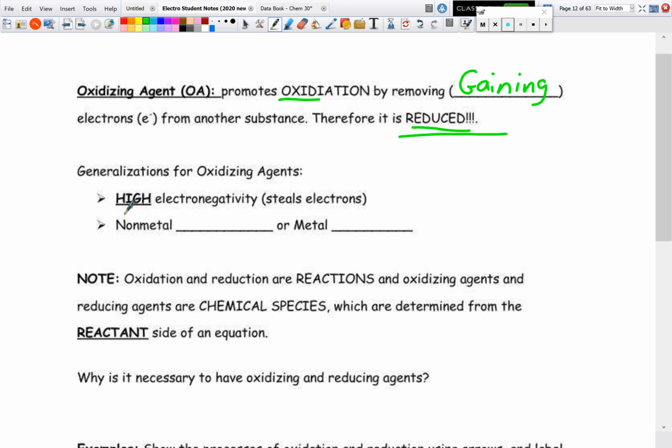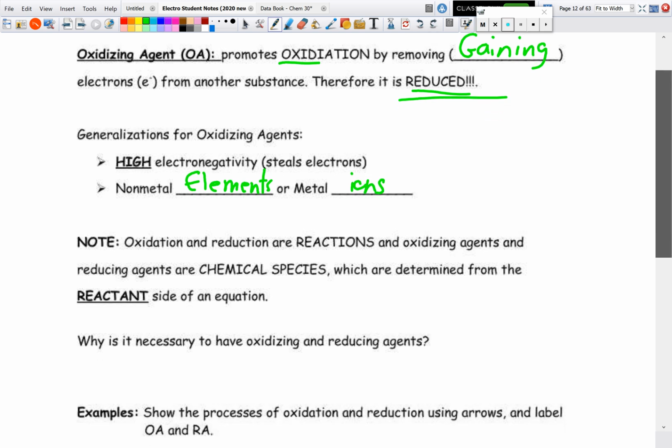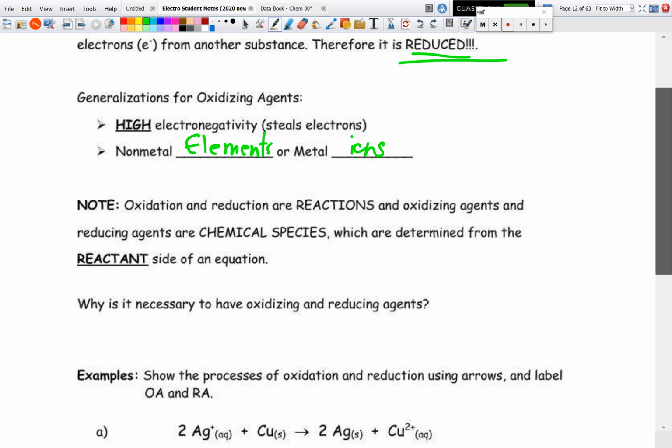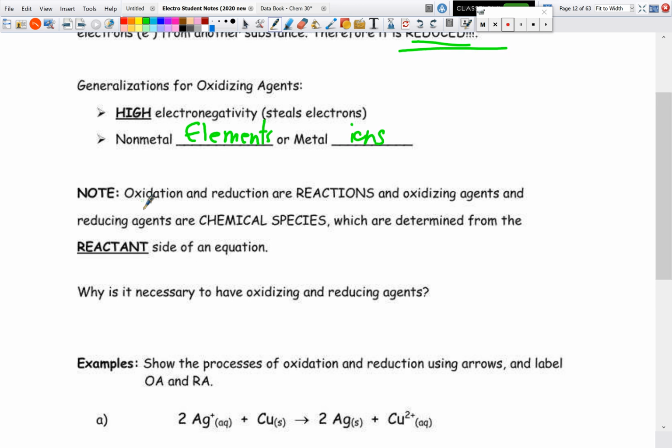Generalizations for oxidizing agents: we have high electronegativity stuff, so nonmetal elements, or metal ions generally work as well. Just a little note here: oxidation and reduction refer to the reactions, whereas oxidizing agents and reducing agents are the chemical species that are causing the reactions. So that's why we have to be careful with the process.